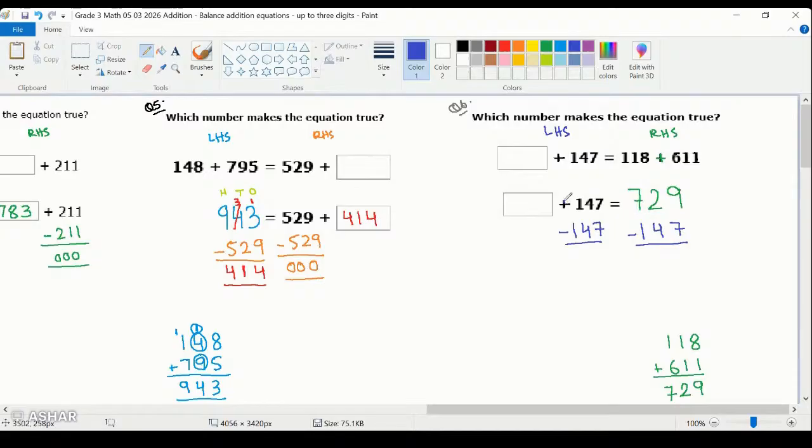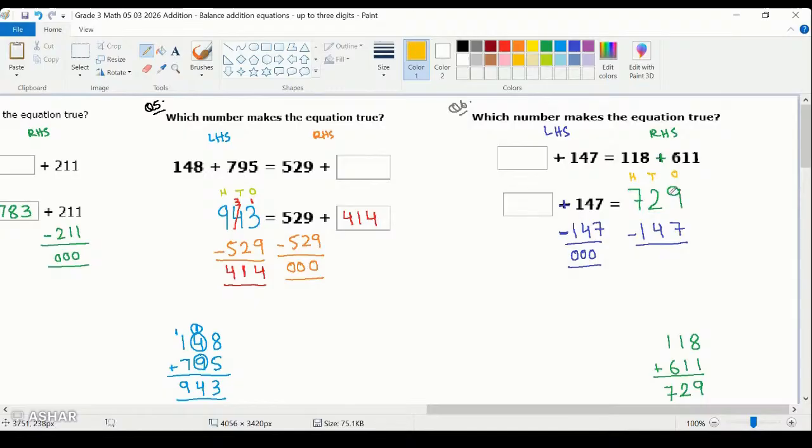Plus 147 minus 147 becomes 0. What is the answer? 729 minus 147.